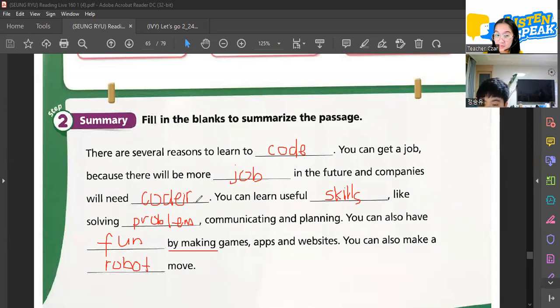Those people are the coders. Coders are those people who know how to code. That's why most companies hire or search for those coders. Now we are all done here. Do you have any more questions?